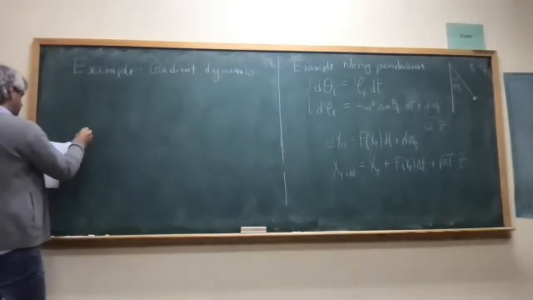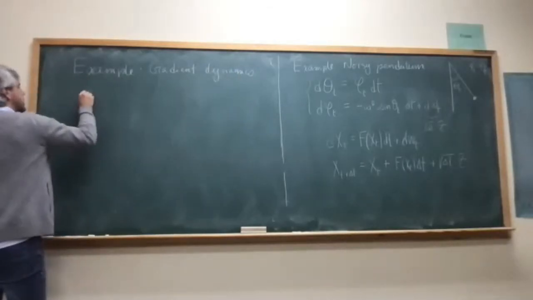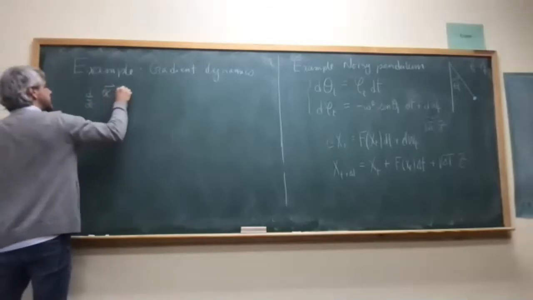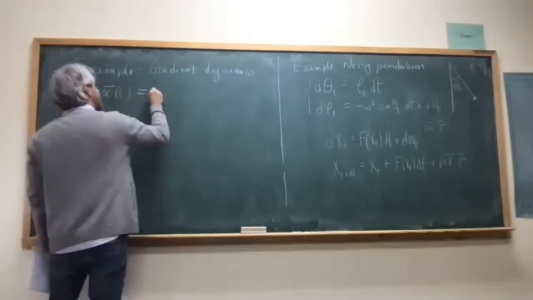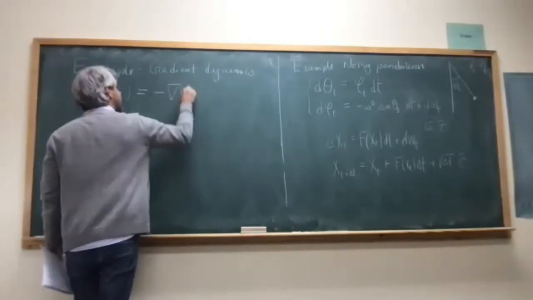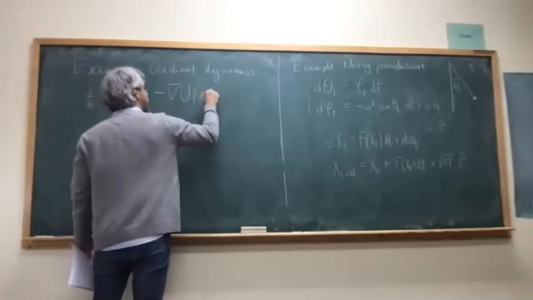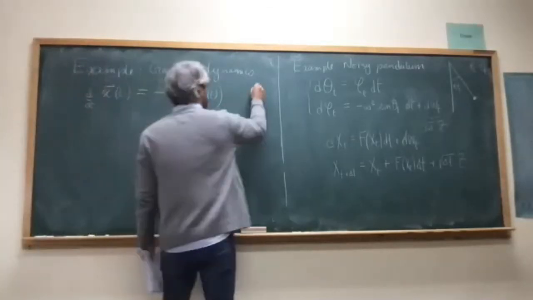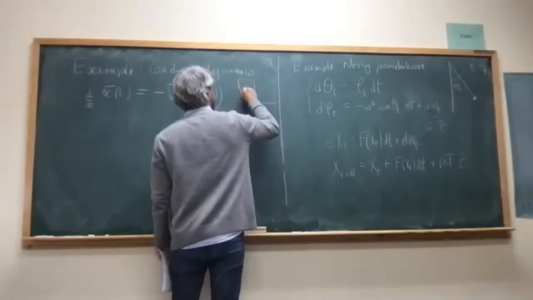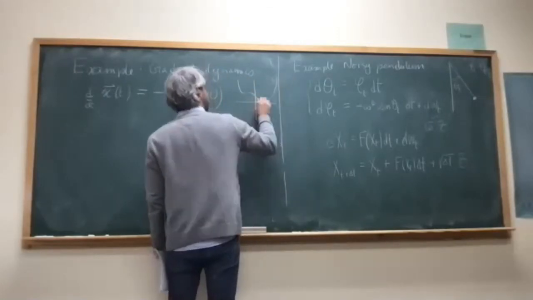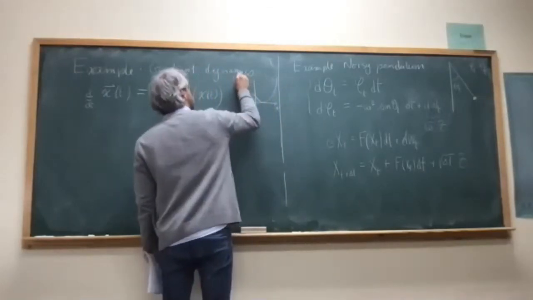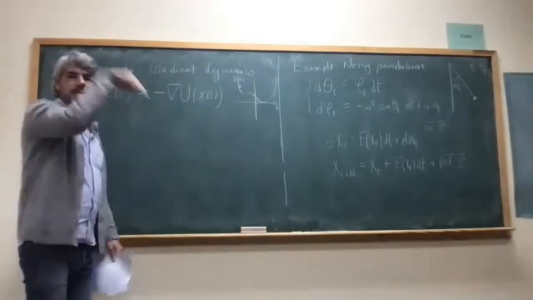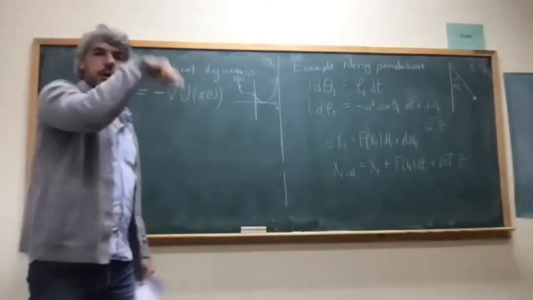The gradient dynamics is of the form d dt. You have a certain vector in time, and the dynamics is given by minus the gradient of some potential function. Okay, so what you have to imagine is you have some kind of potential in x, that's your u of x, and then you have a particle, and then the motion is always in the direction of the derivative of the potential.